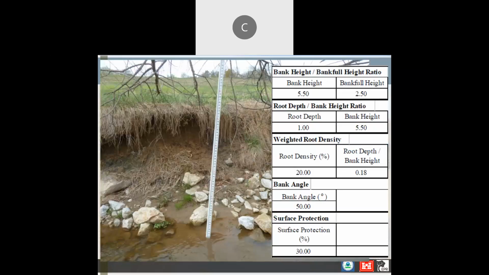I have a couple more examples to show real banks and the data that was measured to characterize them. In this case, we have a 5.5 foot bank height compared to a 2.5 bankfull height. Root depth is only 1 foot, root density is 20%, bank angle is 50%, and surface protection is 30%.